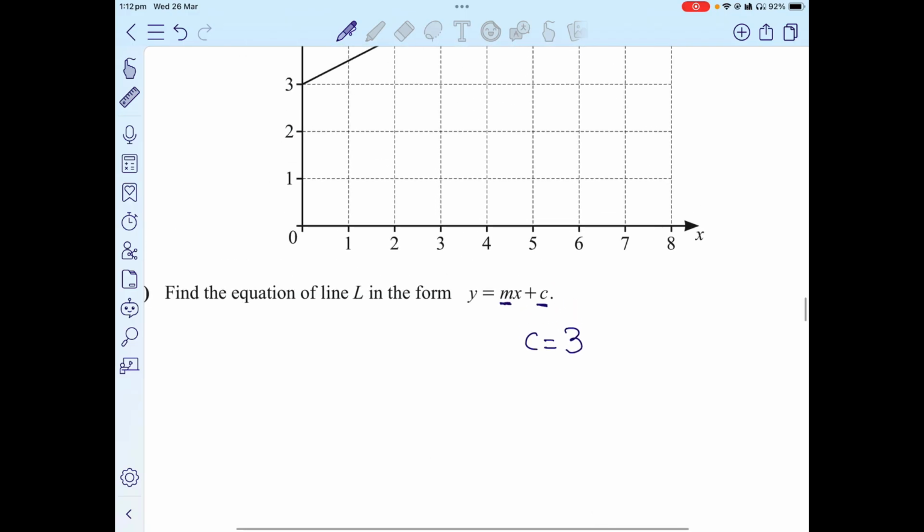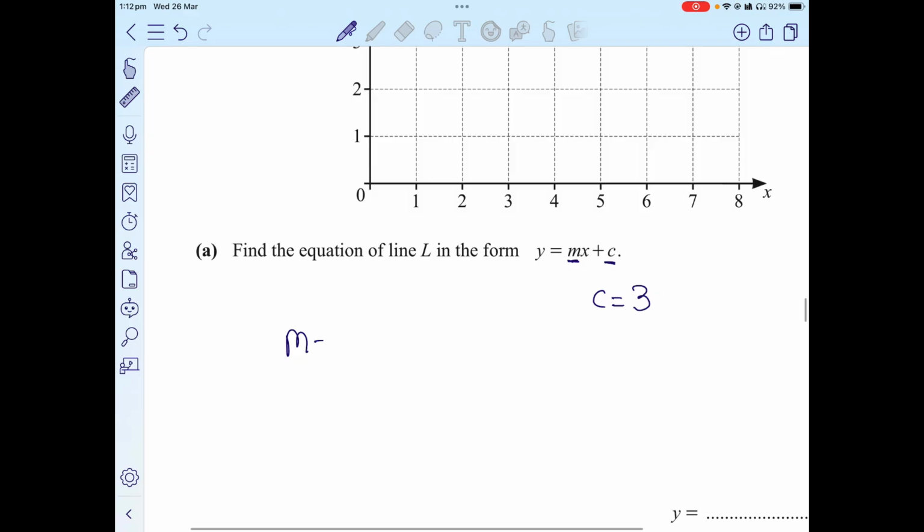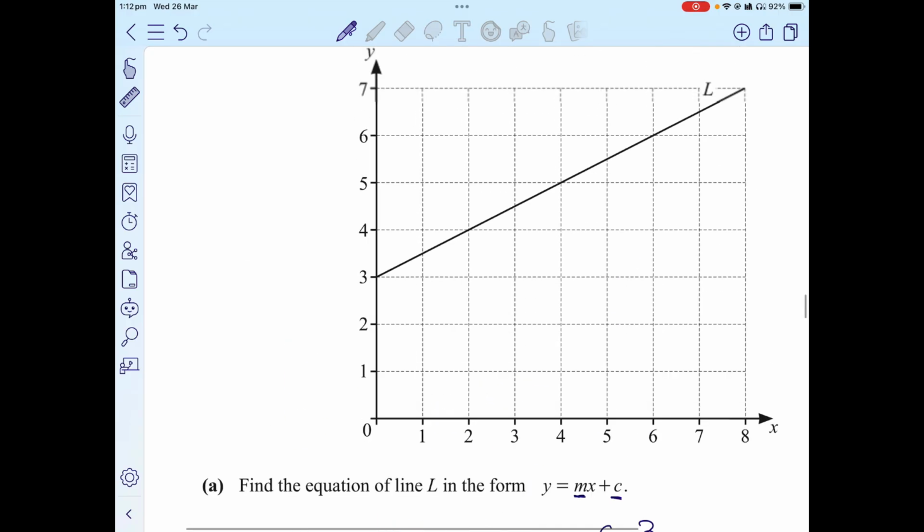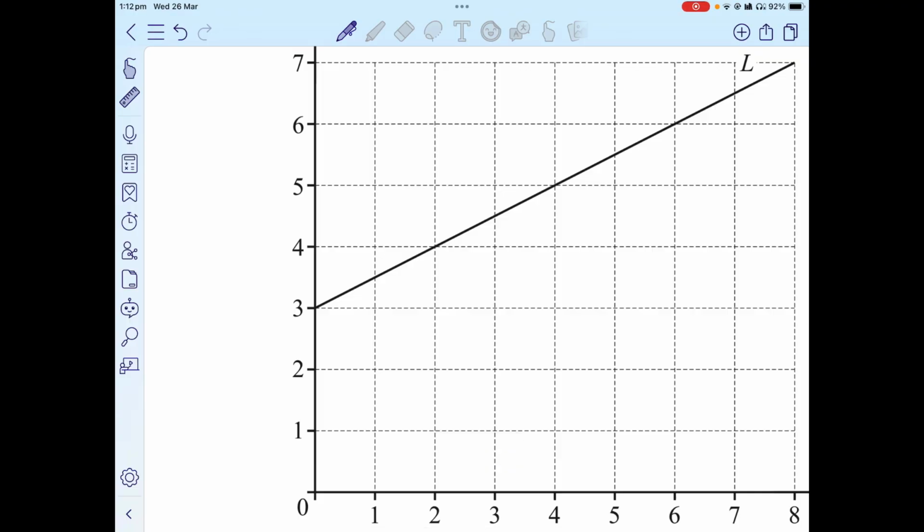Next up, we have to find the gradient. Now what is the gradient? The gradient is basically the change in y divided by the change in x. So how do you get the change in y? For example, if I was at this point and I went to this point, the gradient will be constant because it's a straight line.